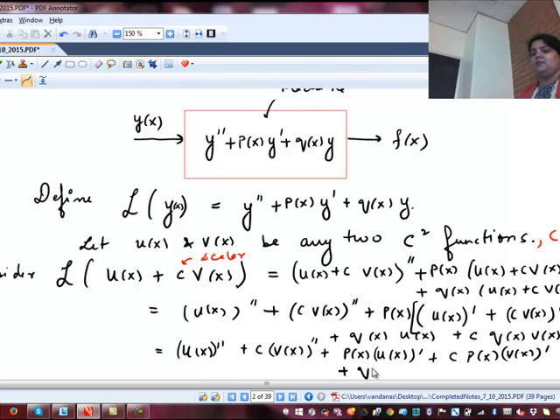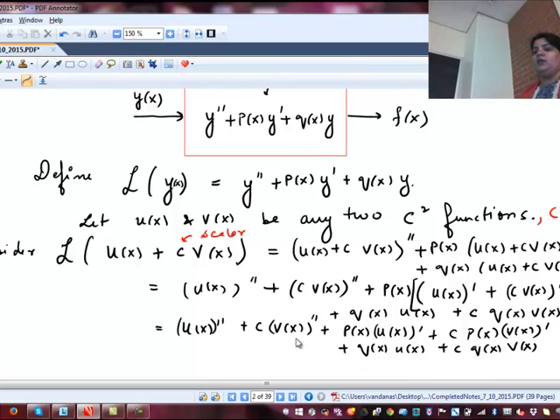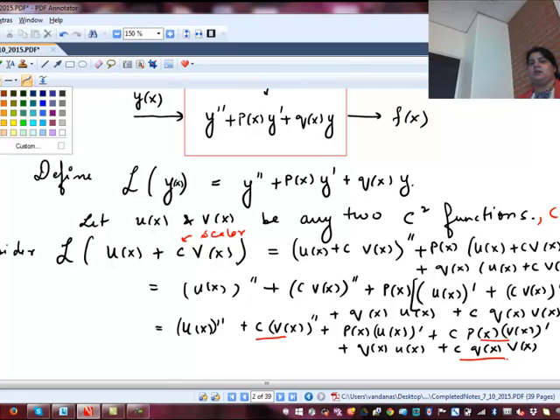And the last term is q(x) u(x) plus c q(x) v(x). Now I will collect all the terms which contain c, this term and this term, and take the c common. So all these red terms will give me what?